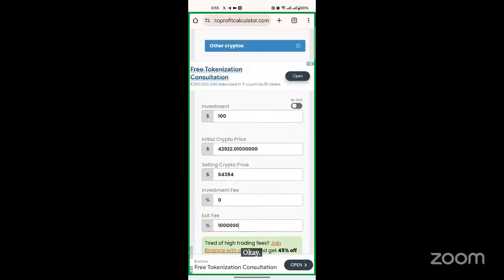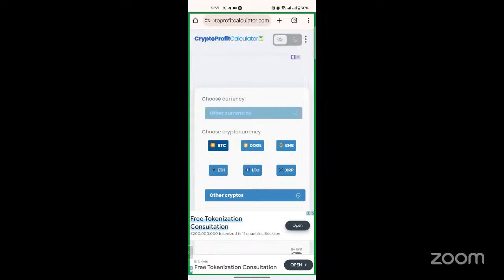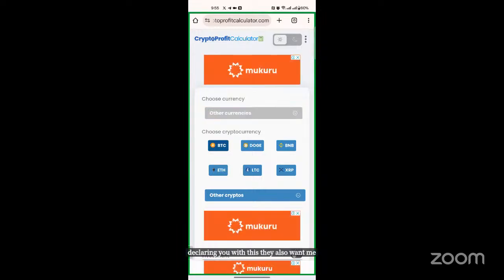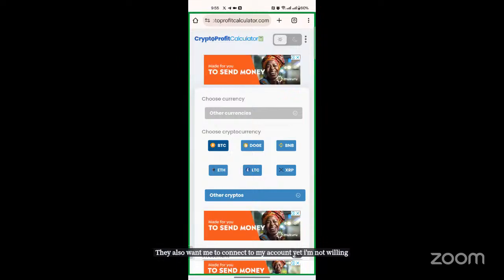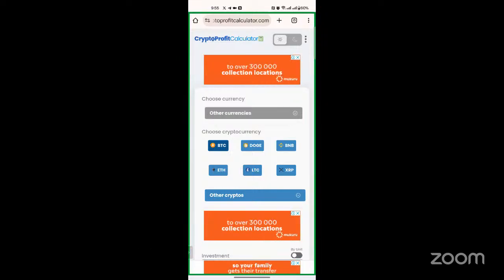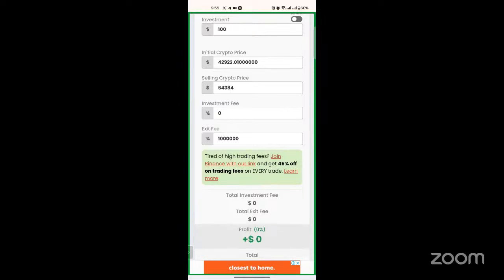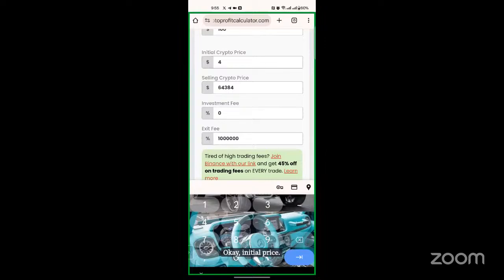Initial price for what? The challenge with this, they also want me to connect my account, yet I'm not willing. Okay, initial price 67,000. Selling price 1 million.